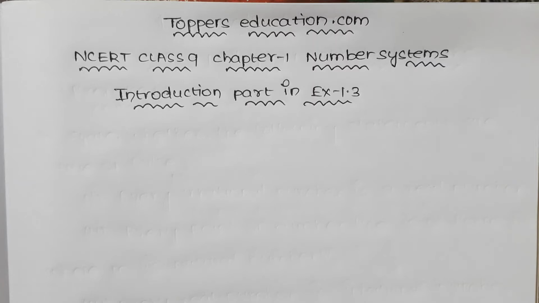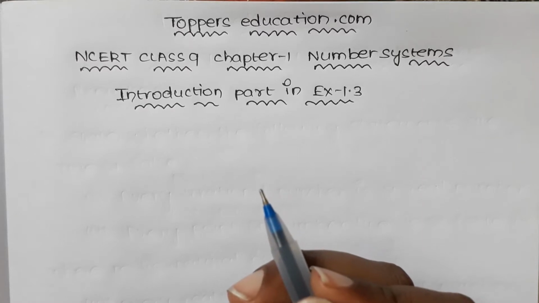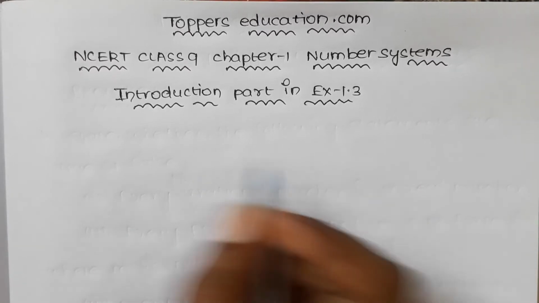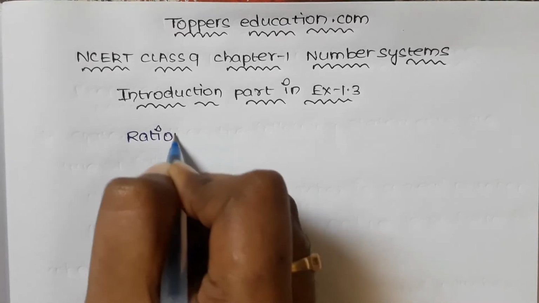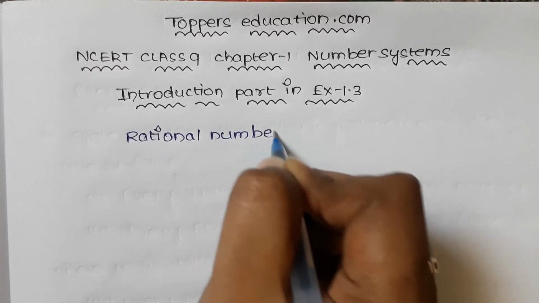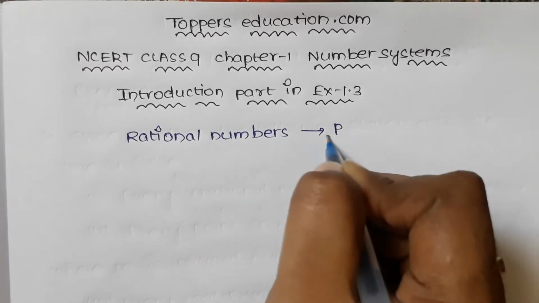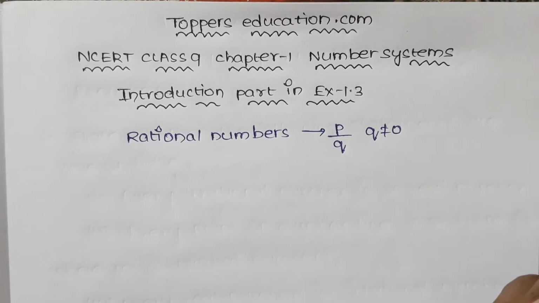As we already know some of the rational numbers, let us take some examples of rational numbers. Let's start with rational numbers. Rational numbers are nothing but the numbers in the form of p by q, where p and q are integers, q not equal to 0.